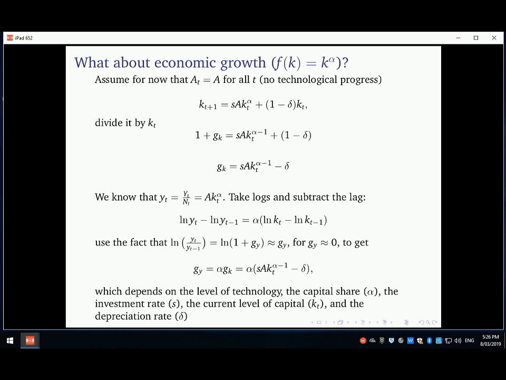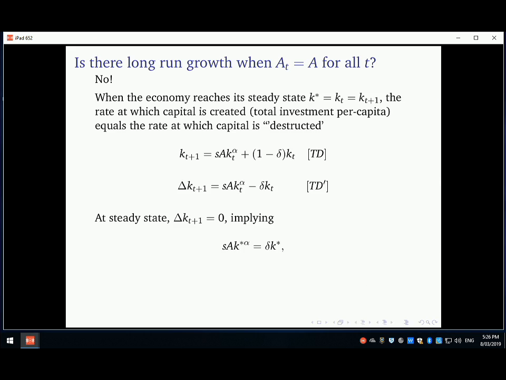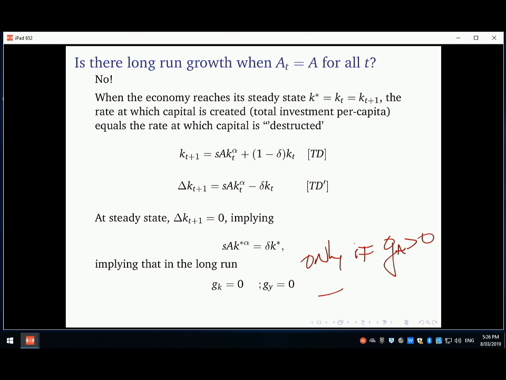But the main point is that the only way the economy will grow in the long run is if there is growth in A. Only if GA is positive. Otherwise, there is no long-run economic growth.